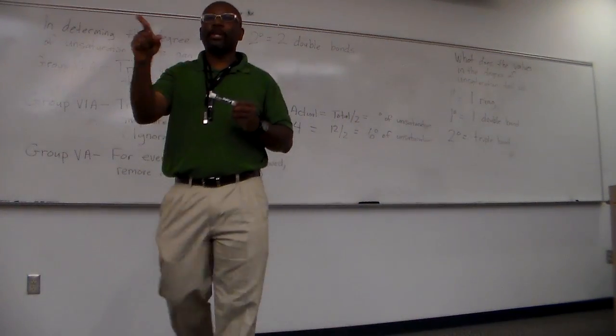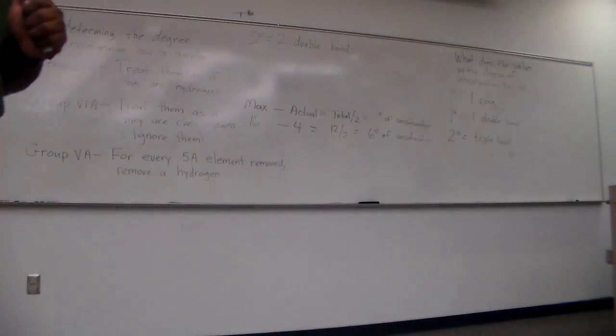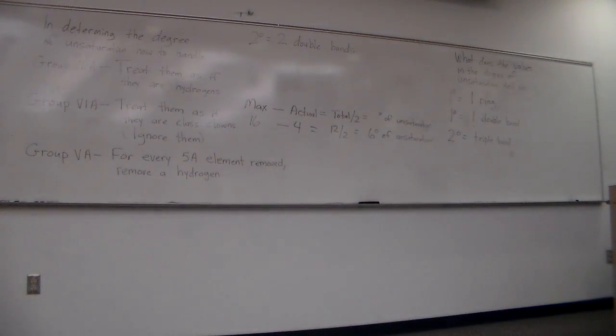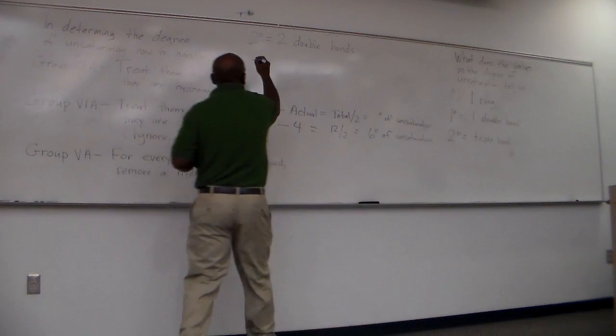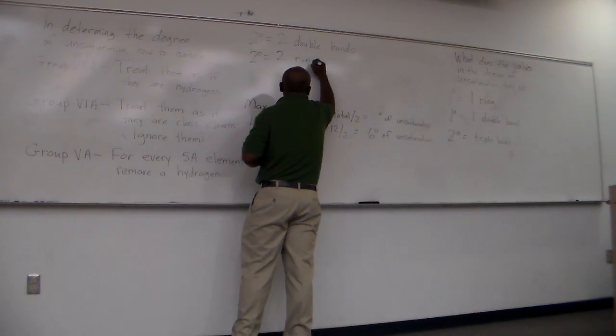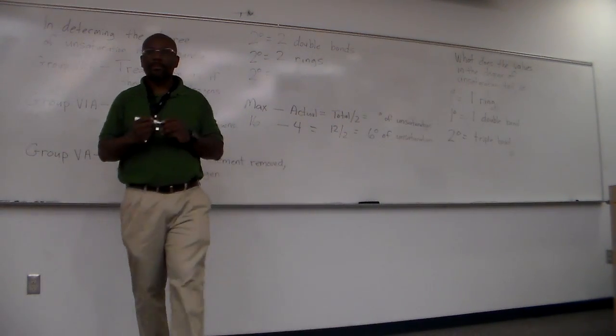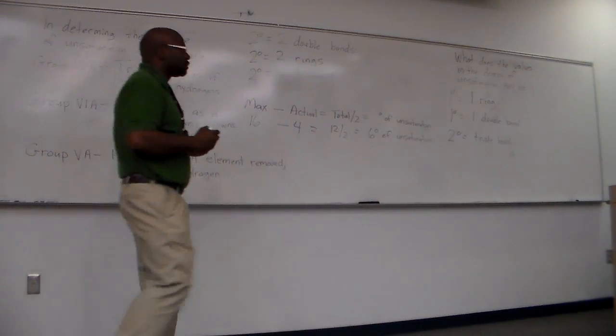Each double bond is 1 degree, and 1 times 2 is 2. Give me another way to get a 2 degree. 2 rings. Give me another way. 1 ring, 1 double bond.